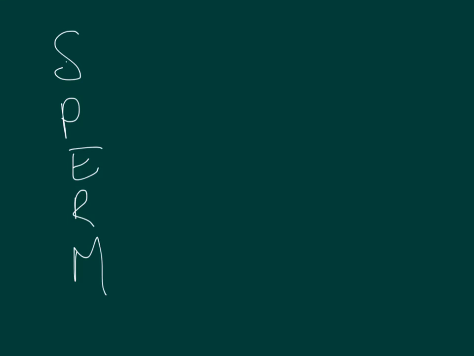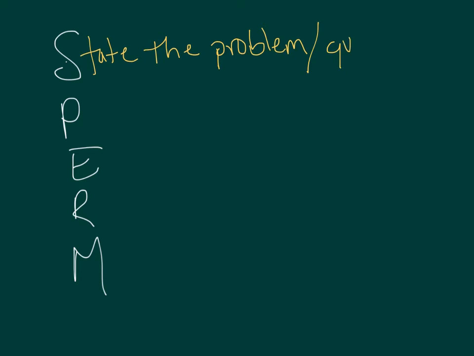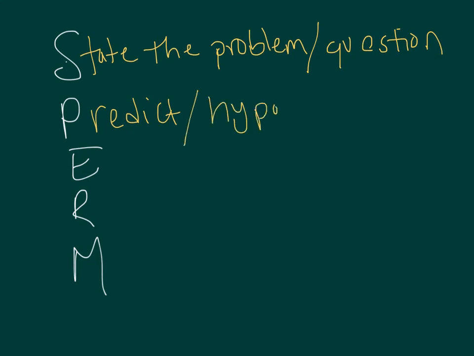What does SPERM mean? S means to state the problem or question. P is predict. Another fancy word for prediction might be a hypothesis. E stands for experiment. In this case, it's going to be our experimental methods.